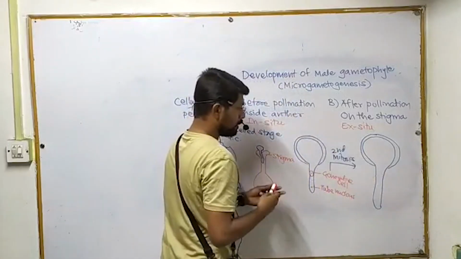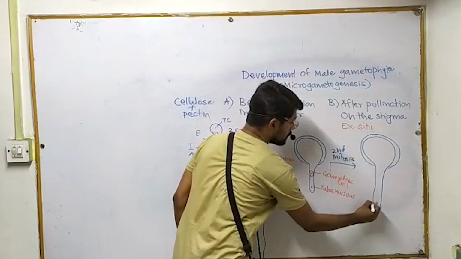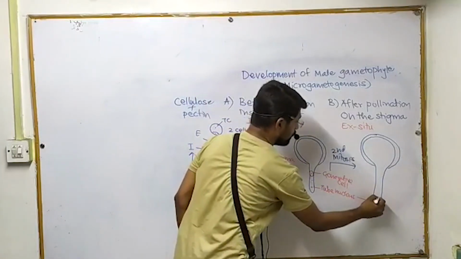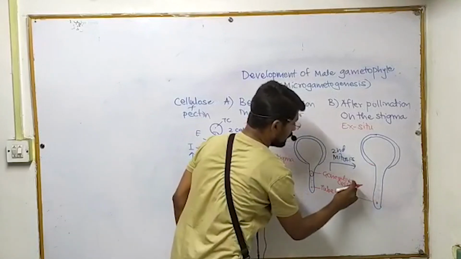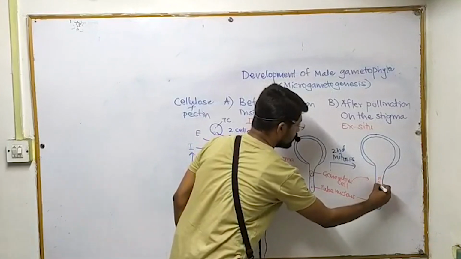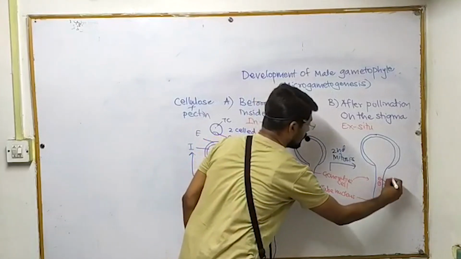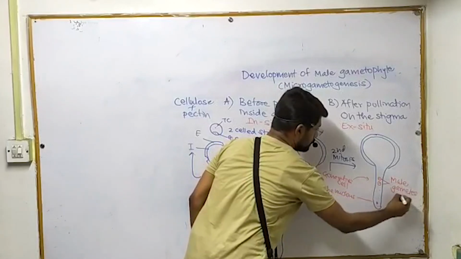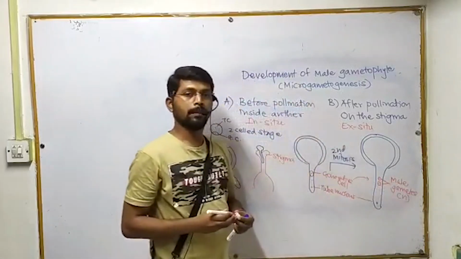At the tip of the pollen tube there is the tube nucleus, followed by the vacuolated cytoplasm, and this generative cell divides by mitosis to produce two haploid male gametes. These are haploid structures.